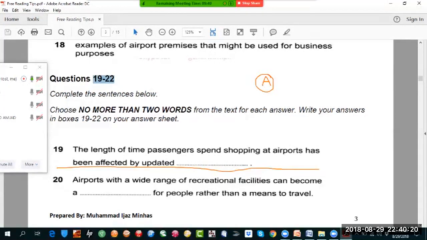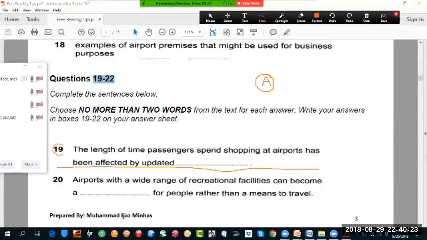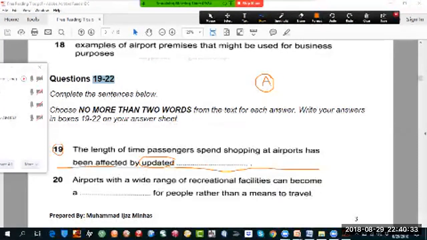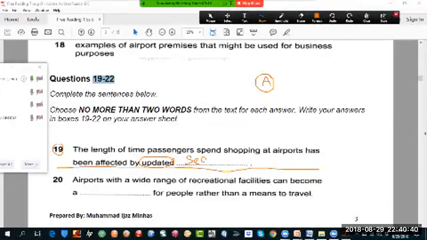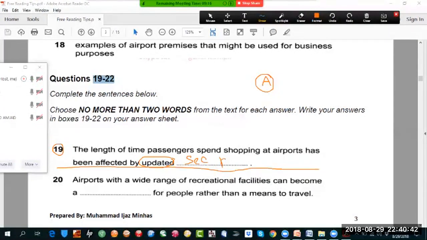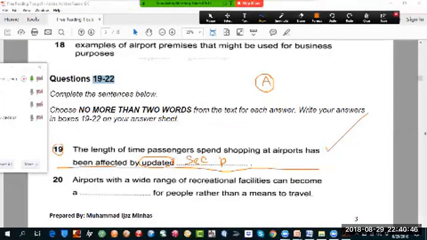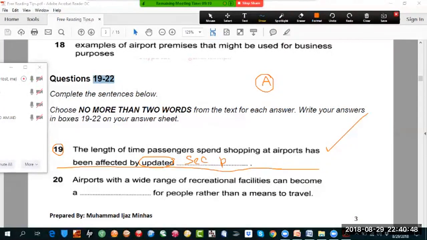Now read question number 19, please. The length of time passengers spend shopping at airports has been affected by updated what? Security procedures. Remember that? So I have found one more answer from paragraph A. I have read this paragraph A right now.